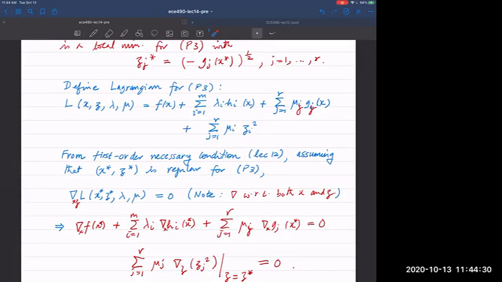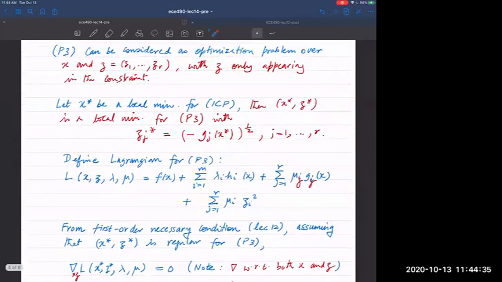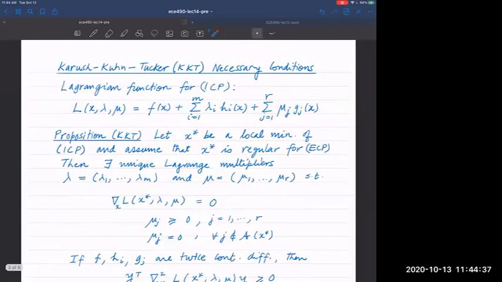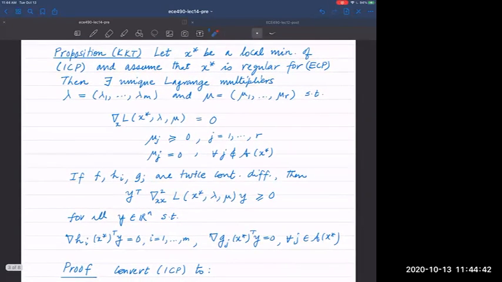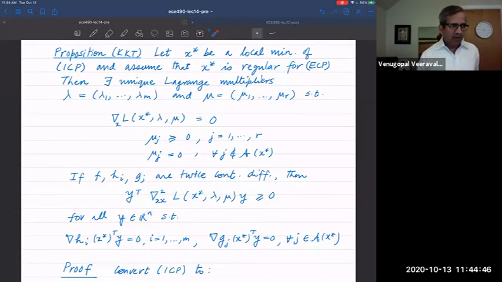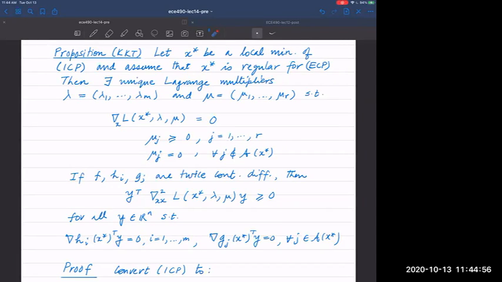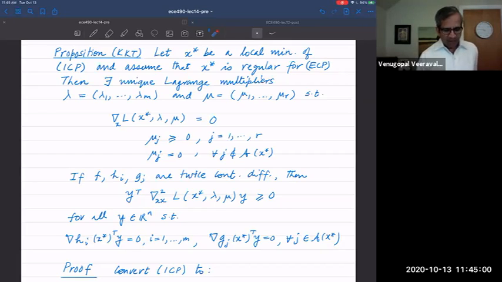Yes, I just want to double check. Could you go to a previous page about the proposition KKT, just the definition? Yeah. I'm wondering why there's no constraint about lambda in the search. Yeah, so actually we saw that before when we just looked at equality constraints, right? That lambda could be positive or negative. It could also equal 0 in some cases, and we saw examples of all that.